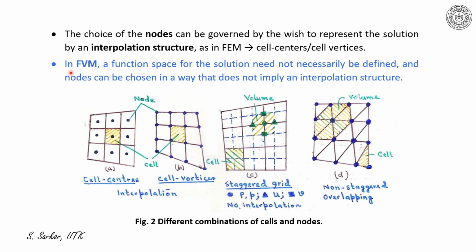That is, FVM has one additional feature: it depends on how you choose your nodes and cells, and in that way you can eliminate the need of an interpolation function or structure to evaluate fluxes at the surface of the cell.